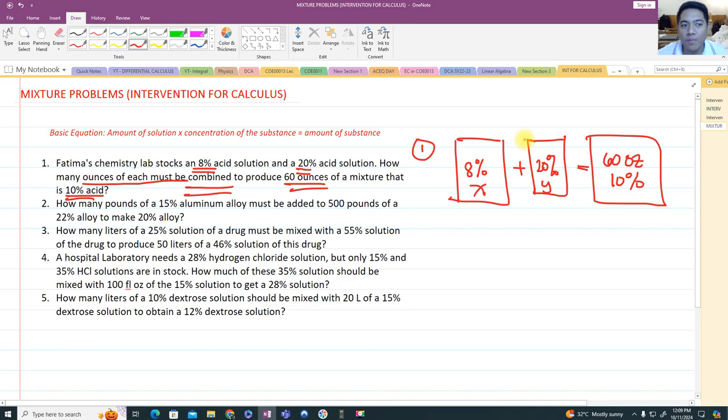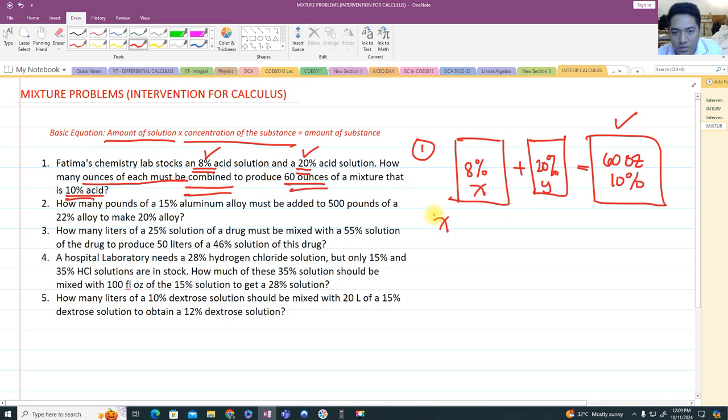The problem is asking how many ounces of 8%, that is x, and how many ounces of 20%, that is y, to produce 60 ounces that is 10%. Our formula is the amount of solution multiplied by the concentration of the substance.